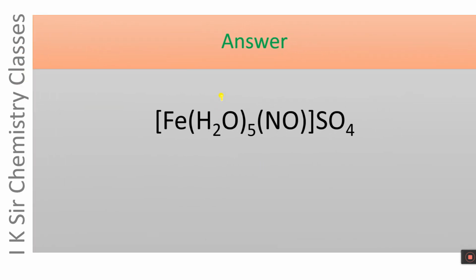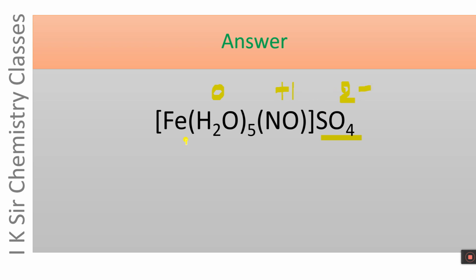There is no charge on the H2O molecule. NO is present as nitrosonium ion having 1 plus charge. Sulfate ion has 2 minus charge.